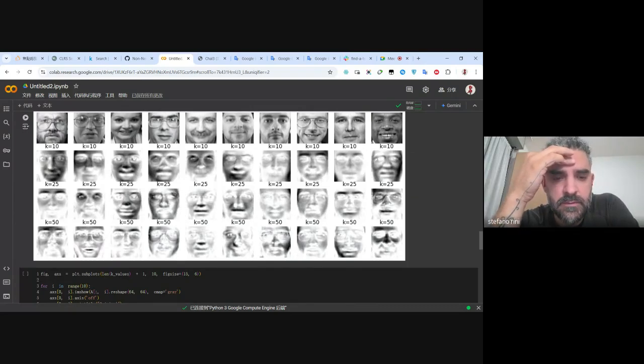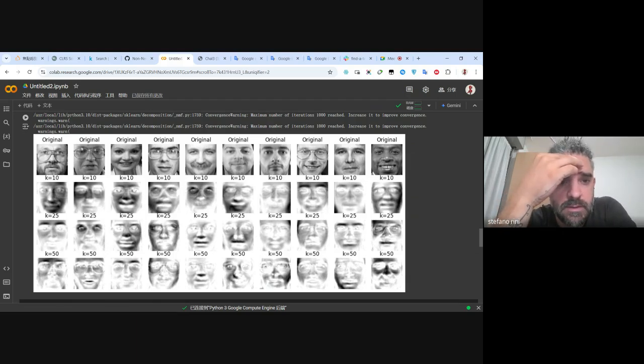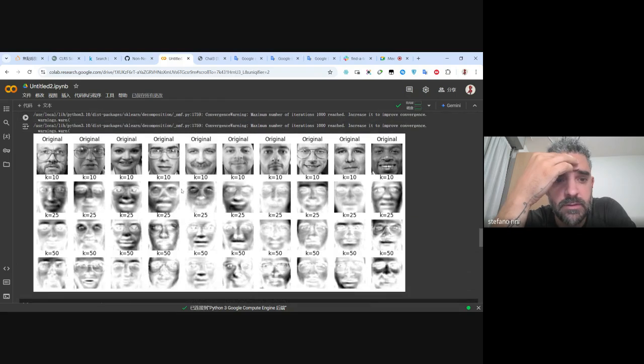Did you invert? Why are the colors inverted? You see that some of the pictures have the colors inverted, right? Yeah.